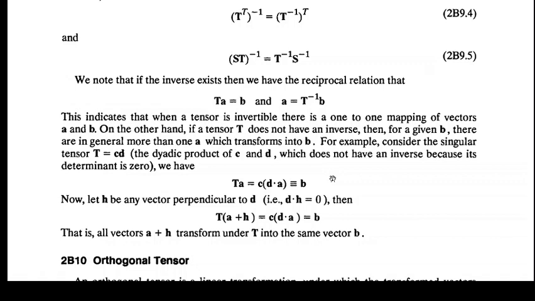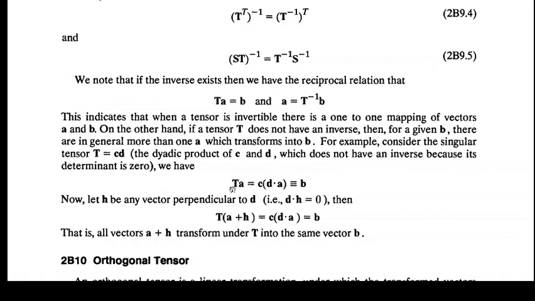I'm using the word pre-images in the sense that we have two different vectors, and the dyadic product T acting on those two vectors will give the same vector. So it means that it will not be one to one.